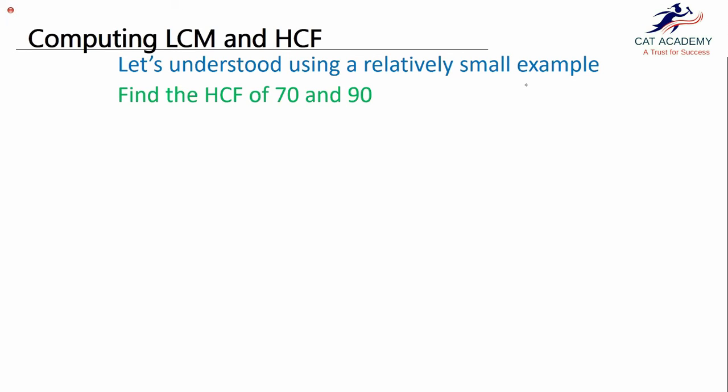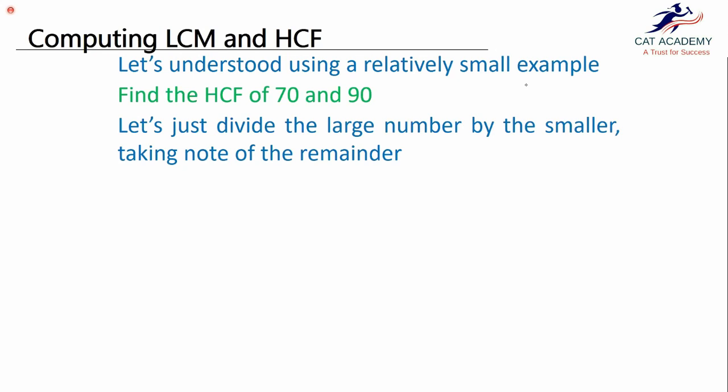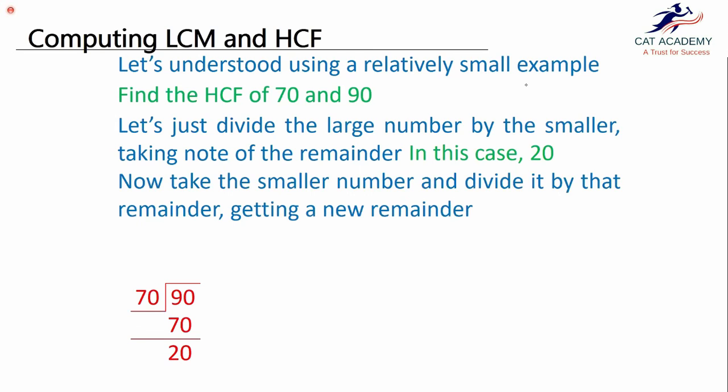HCF of 70 and 90. How do I calculate? Divide the larger number by the smaller, taking note of the remainder. Like this, 90 by 70. Can you tell me what the remainder will be? 20 will be the remainder, correct? So now what I should do is take this 70 over here and this 20 over here and get the remainder again. What's the remainder? The remainder now will be 10.